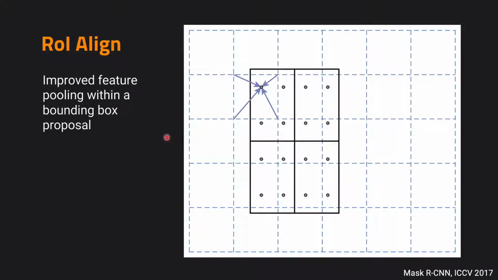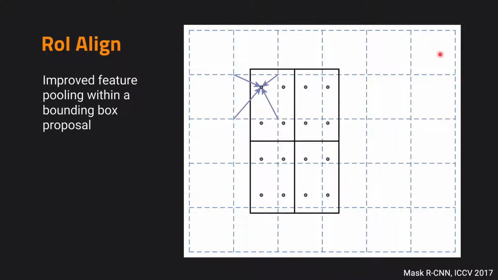And ROI Align is an extension of ROI pooling. Basically, it's a better way of finding a feature representation for the potential object and making that feature representation into a feature map. So this is an illustration of ROI Align.